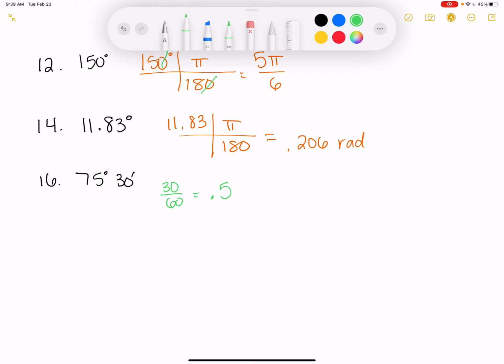So it's going to be 75.5 degrees then. And now I need to convert it. So how do I convert it? You take 75.5 times pi and divide it by 180. And that gives us what?